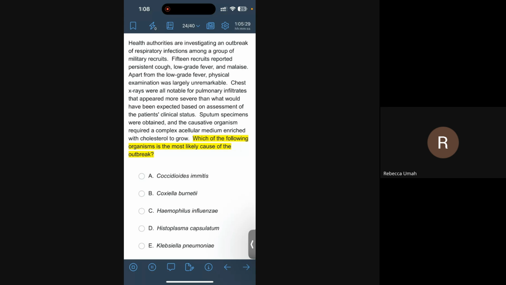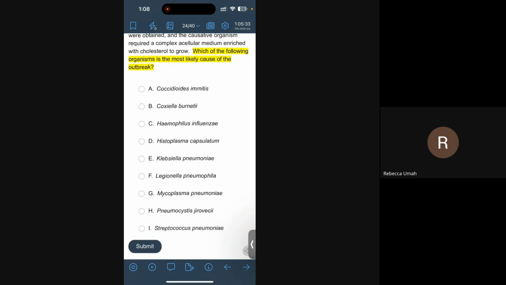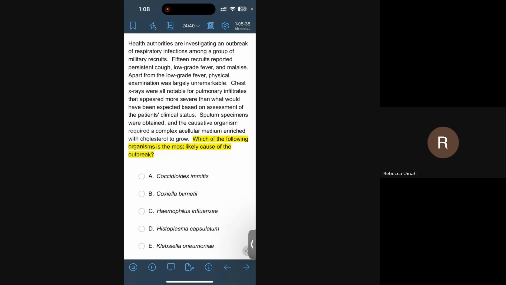Which of the following organisms is most likely the cause of this outbreak? Investigating an outbreak of respiratory infections among a group of military recruits.